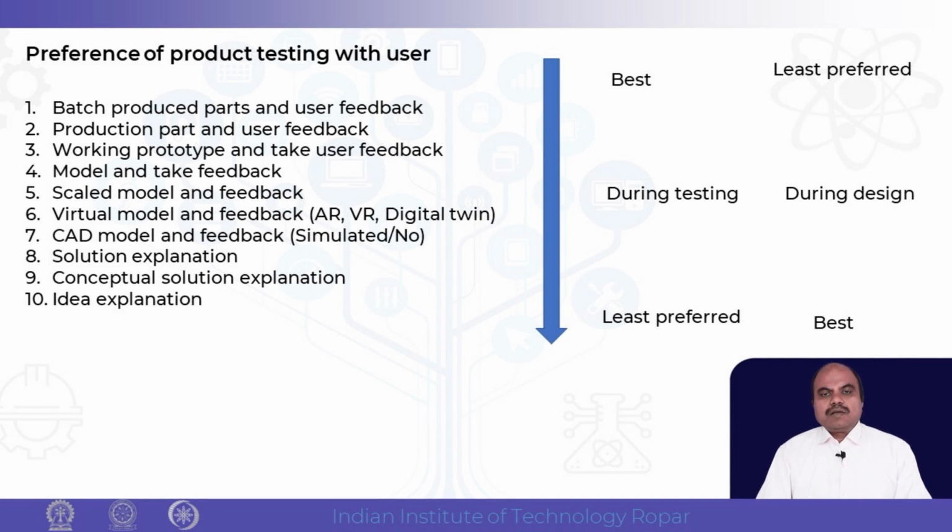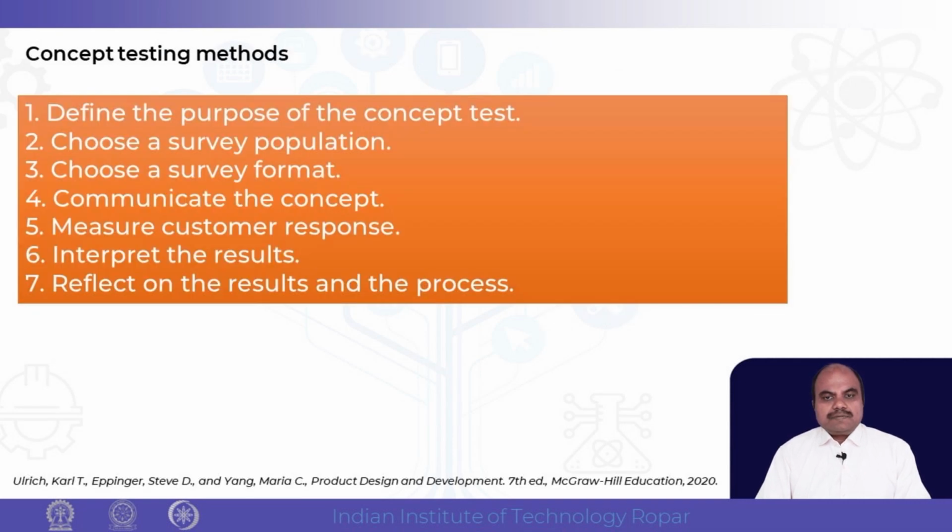So now, what are the steps for concept testing methods? The first step is to define the purpose of the concept test. Once we define the purpose, we choose a survey population. Once we have the survey population, we make a survey, and we decide on the survey format.